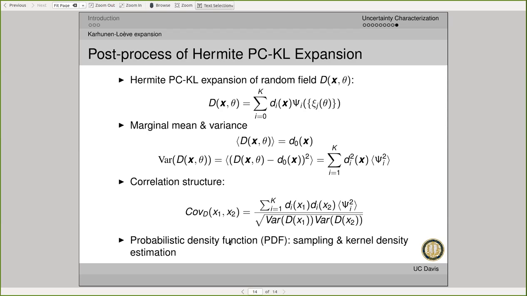You can also identify the PDF of such a random field by sampling the underlying Gaussian random variables of the different dimensions, quickly generating samples of the random field, and doing a kernel density estimation to get the PDF. You can check this PDF with your data, and then determine whether you need to increase the order or the dimension of the correlation.